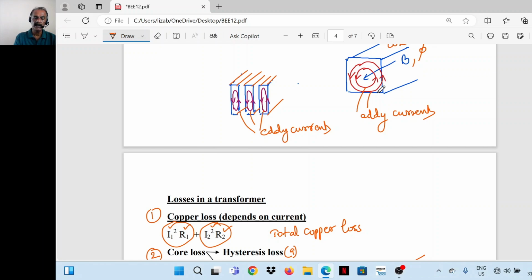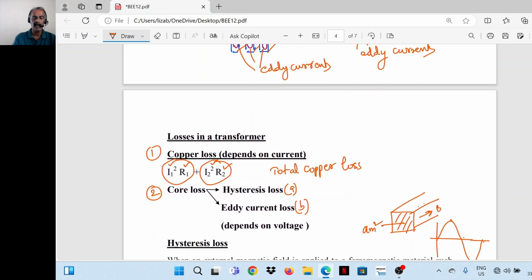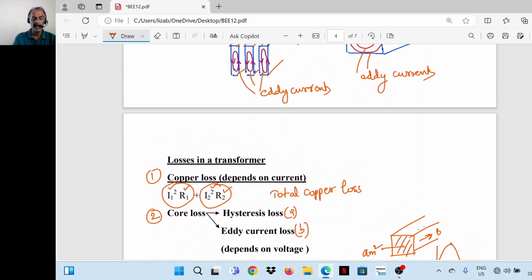So to reduce that, we have to use proper laminations. We cannot use a solid core because of this reason. Instead of a solid core, if we use a laminated core, then the magnitude of eddy current can be reduced considerably, and accordingly eddy current losses also.